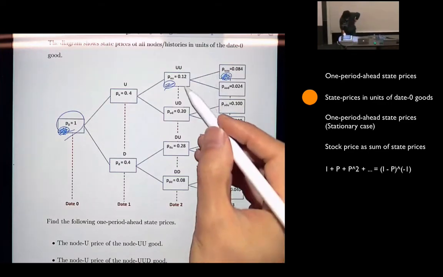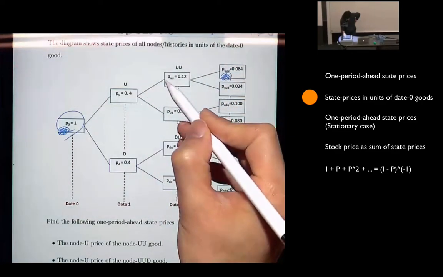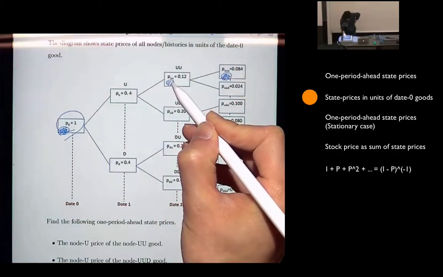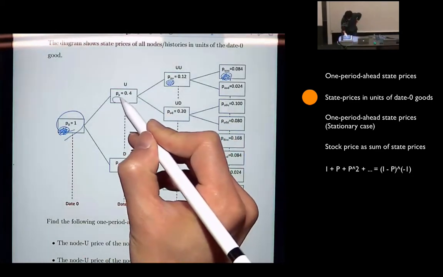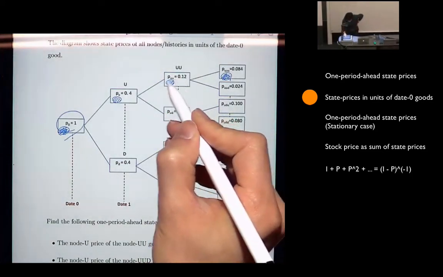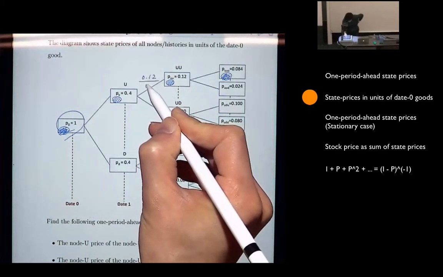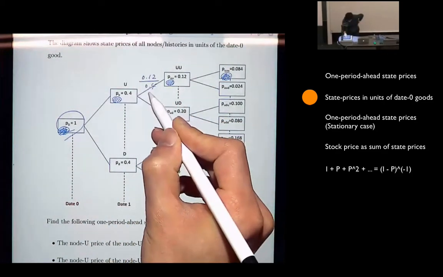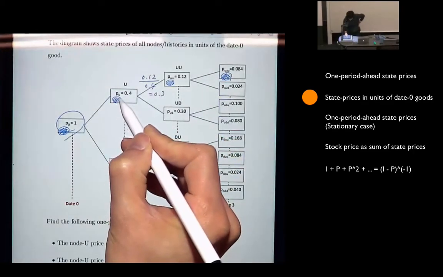For example, what is the price of the node UU consumption good in units of node U good? The price of this node UU good is 0.12 over 0.4, that's 0.3 units of this consumption good.